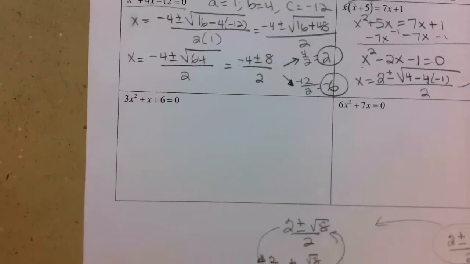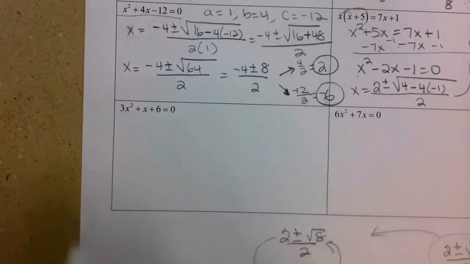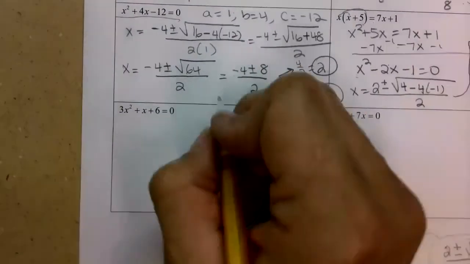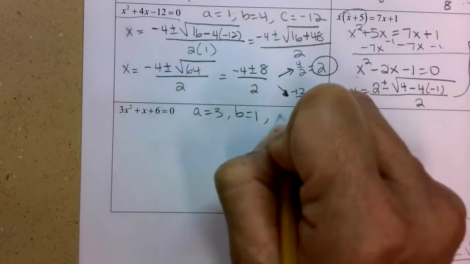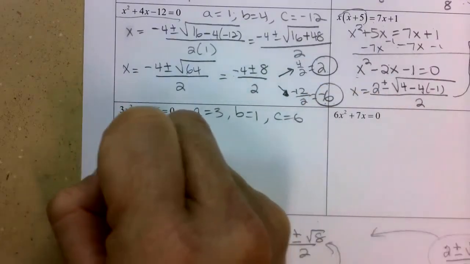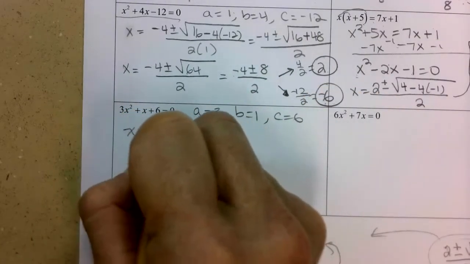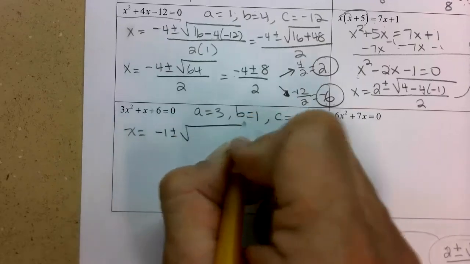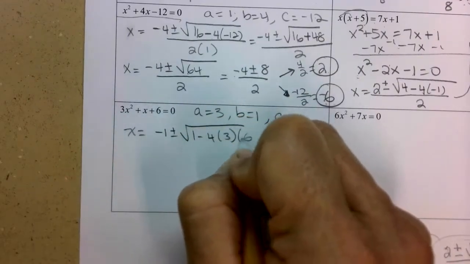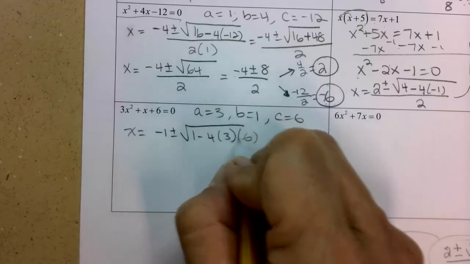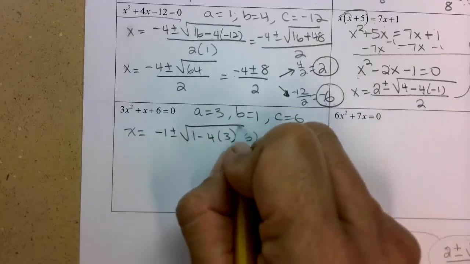Okay, here we go. Last 2. Let's see, A is 3, B is 1, C is 6. X equals -1 plus or minus square root of B squared minus 4 times 3 times 6, 4 times A being played by 3 times 6, C, right?